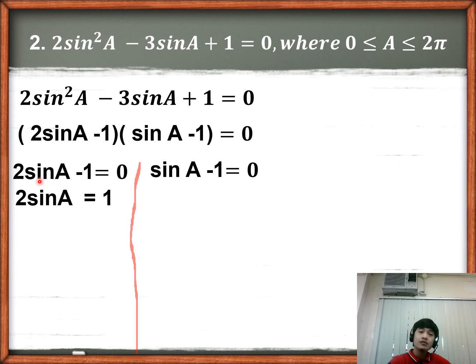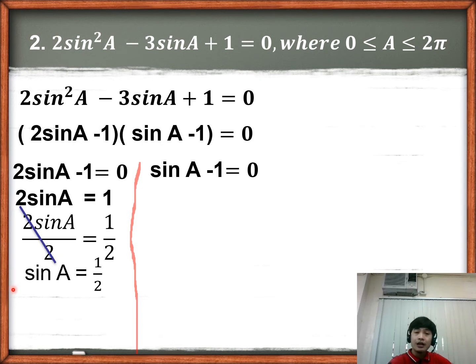But since we are asked to solve for the value of A in sine A, we will divide both sides by 2. That will become 2 sine A divided by 2 equals 1 divided by 2. Ika-cancel natin yung 2. Ang matitira ay sine A equals 1/2. So, ang sine A natin ay equal sa 1/2.